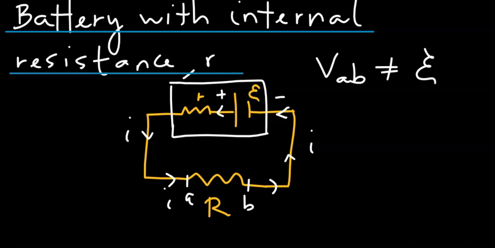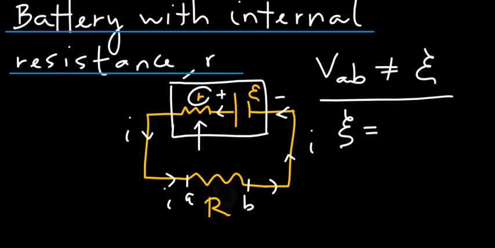To understand this, let's for the moment take this little r and assume that it exists separately from the battery with EMF E. So in that case, we can write the EMF as providing voltage to two resistors, the first resistor and the second resistor.